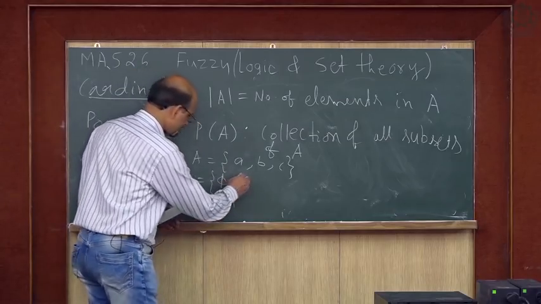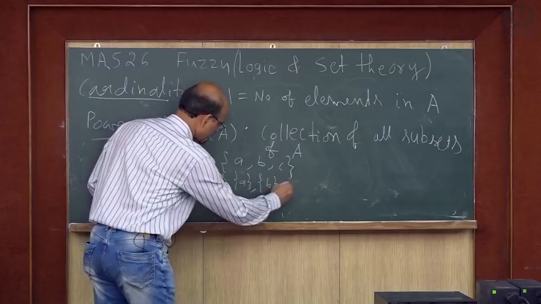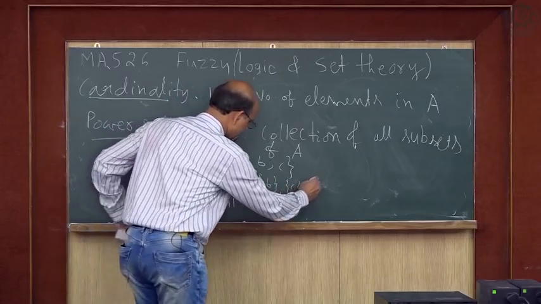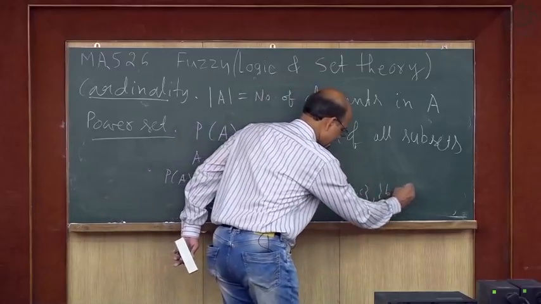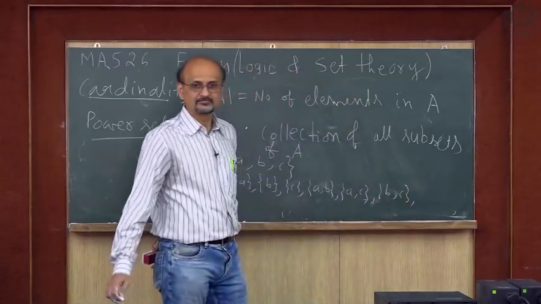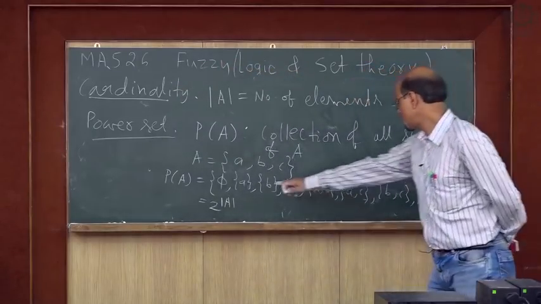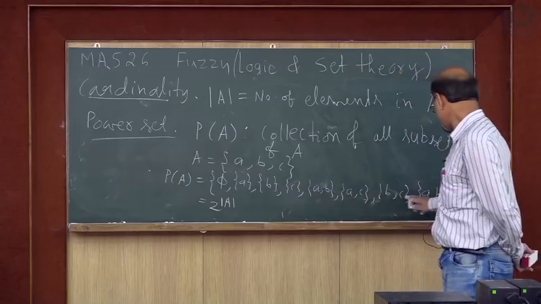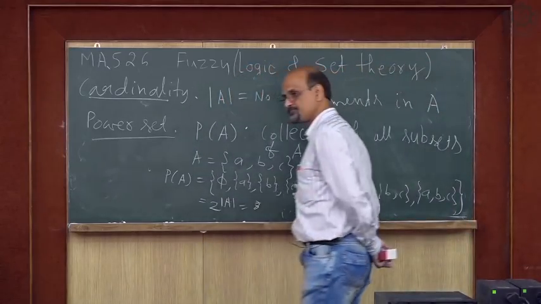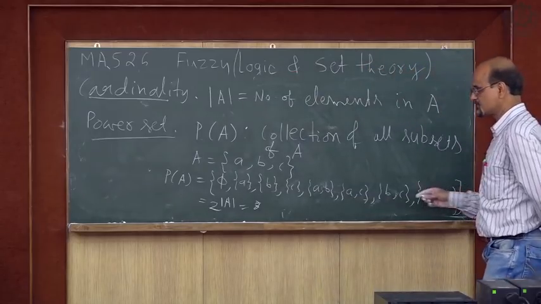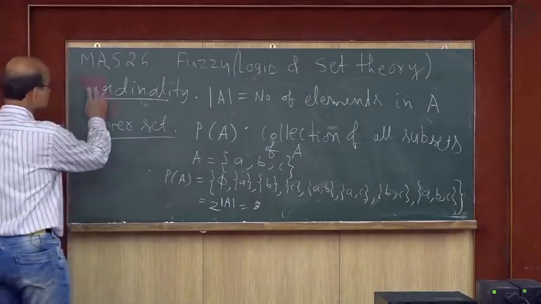Phi, A, B, C, then AB, AC, BC and ABC. So, we have 1, 2, 3, 4, 5, 6, 7, 8. So, we have 8 subsets. So, these all will be used in fuzzy set also. Okay.